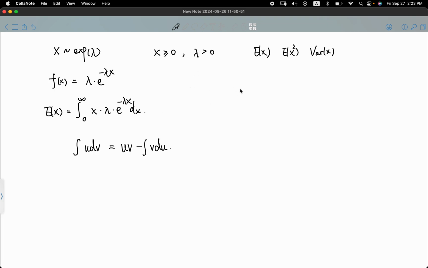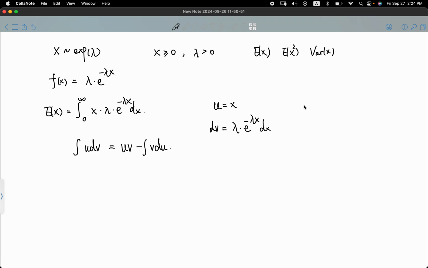So by looking at this, we can set u equal to x, and dv is just lambda multiplied by e negative lambda x dx.